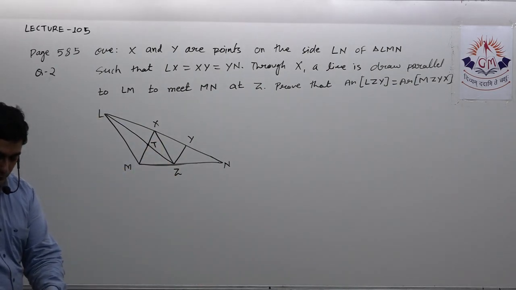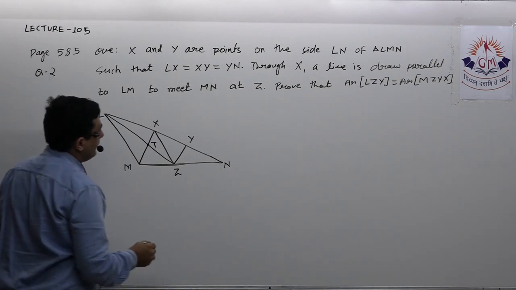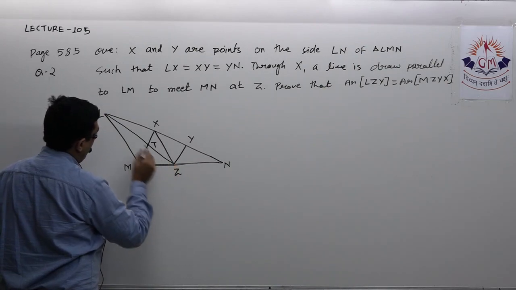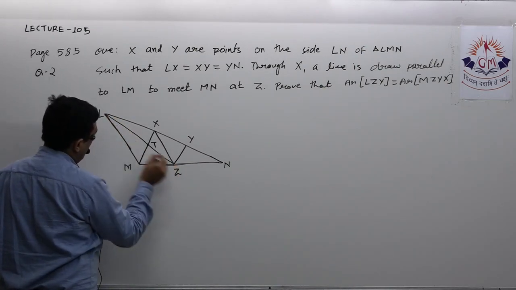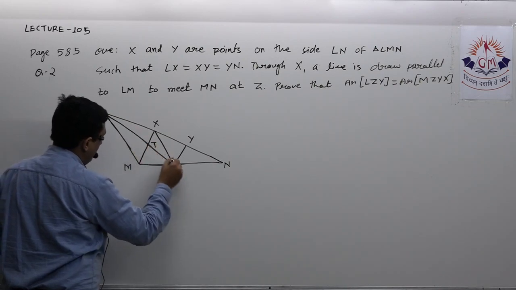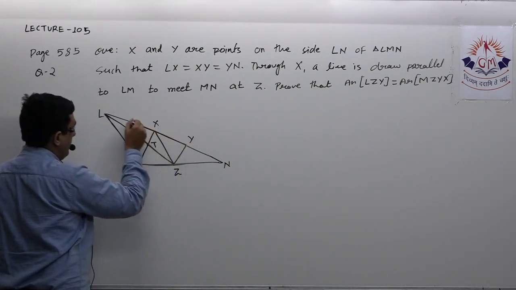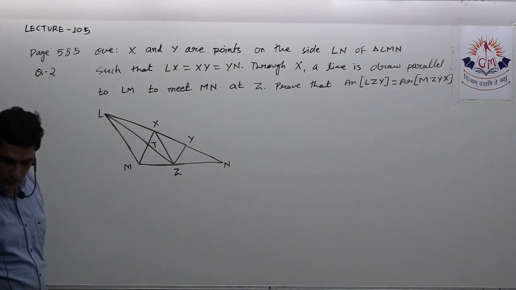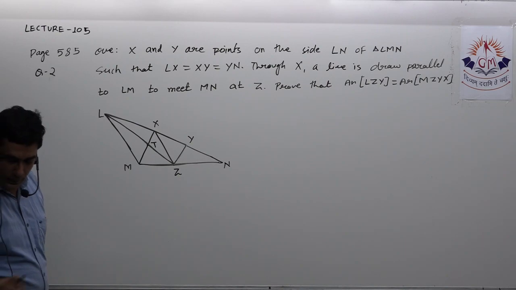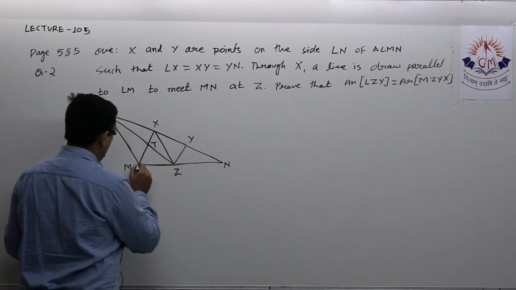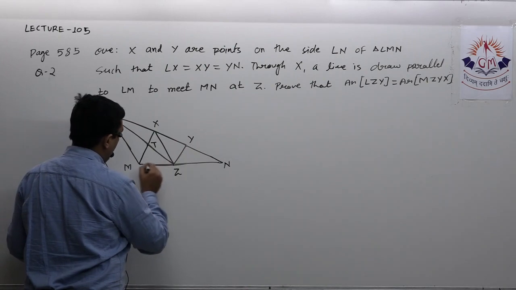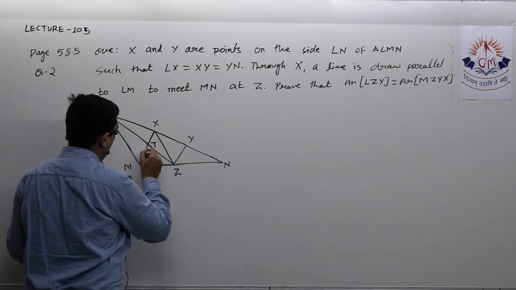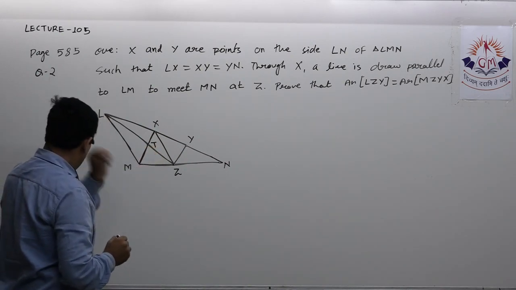Okay, so you have to prove triangle LZY is equal to quadrilateral MZYX, these two are equal in area.